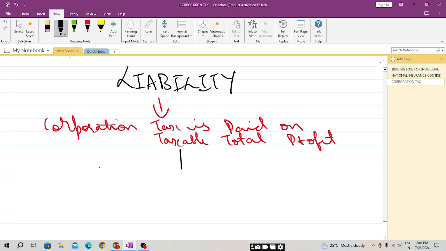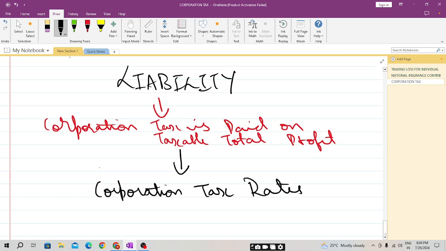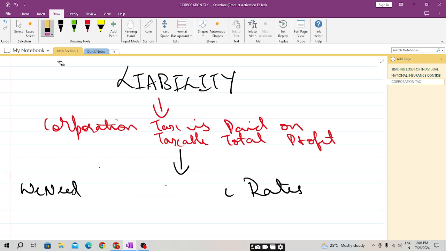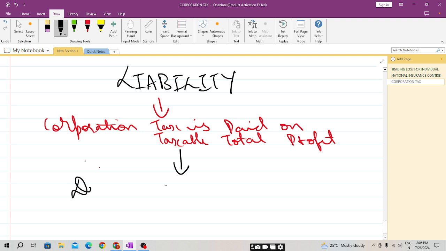Now we need to determine the corporation tax rate.